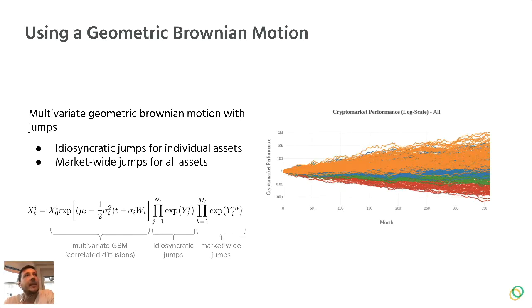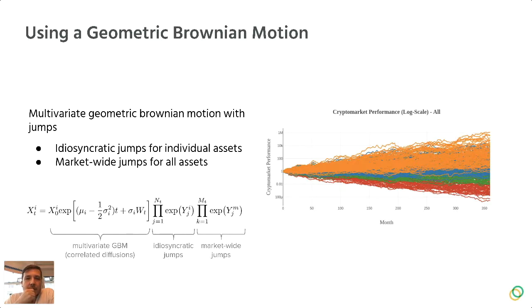And if you look at the formula of how a multivariate geometric Brownian motion looks, you can see that here on the left. The geometric Brownian motion can deliver you daily prices or daily returns for any crypto asset alone. And if you have a market of several crypto assets you want to look at, you could use a multivariate geometric Brownian motion.